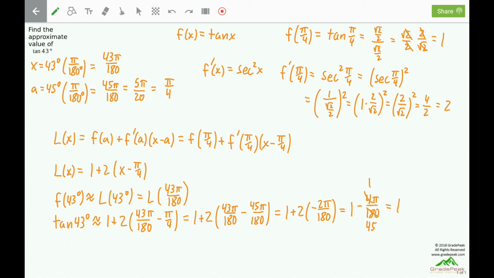So this is equal to 1 minus pi over 45. Therefore, the tangent of 43 degrees is approximately equal to 1 minus pi over 45. And there's the approximate value of the tangent of 43 degrees.